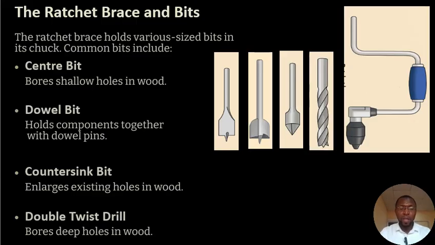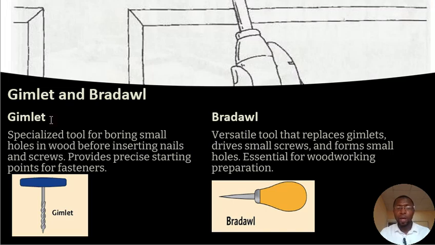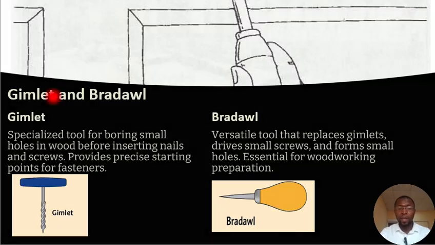So I will say that let's talk about other driving tools. Also, we have the gimlet and the brow door. The gimlet is a special tool for making small holes in wood before inserting nails and screws.